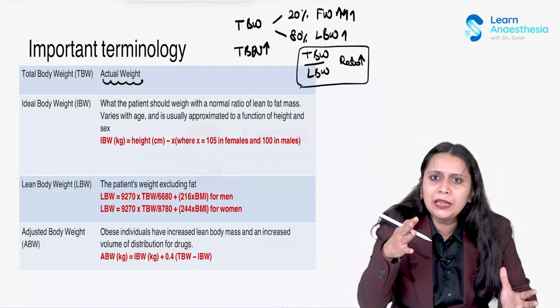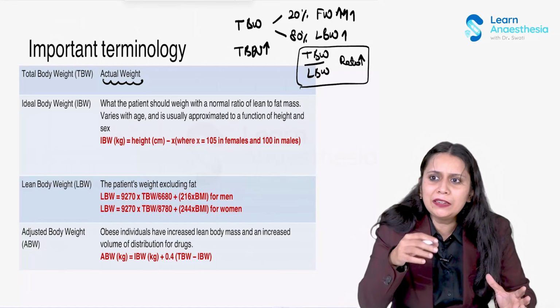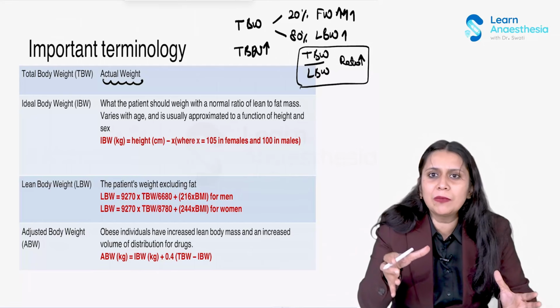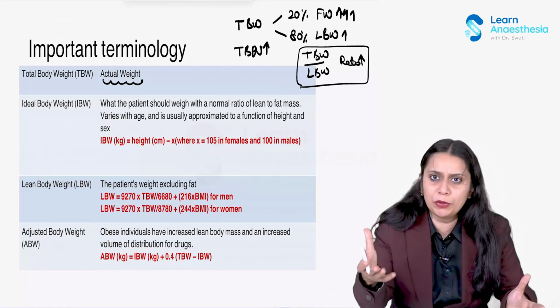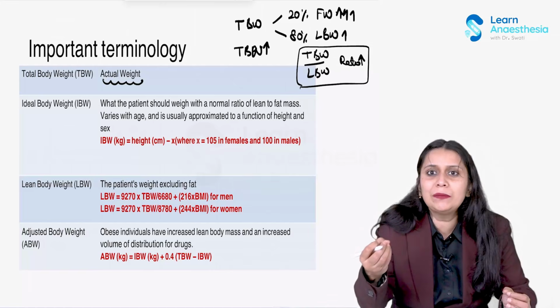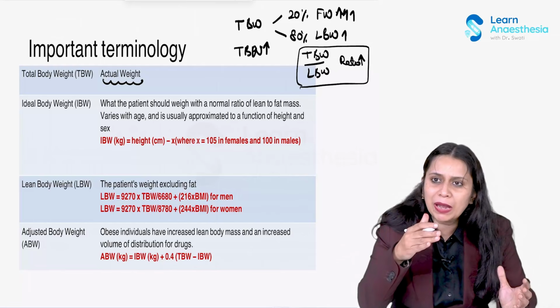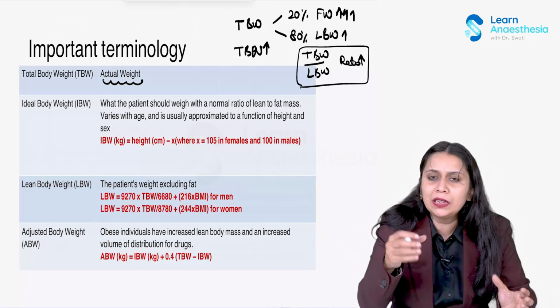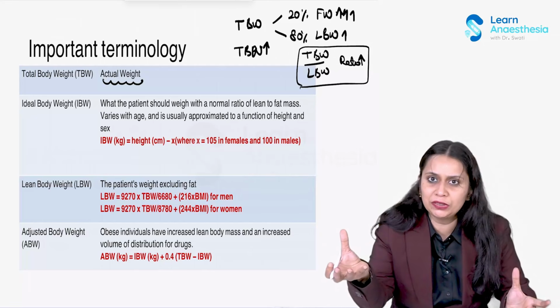So for a number of drugs, if it is given by the lean body weight, it may not achieve the plasma concentration, especially for drugs with a low therapeutic index. For them, there is something called adjusted body weight, which is calculated by adding to the lean body weight a little adjustment according to the fat present in these patients, right?